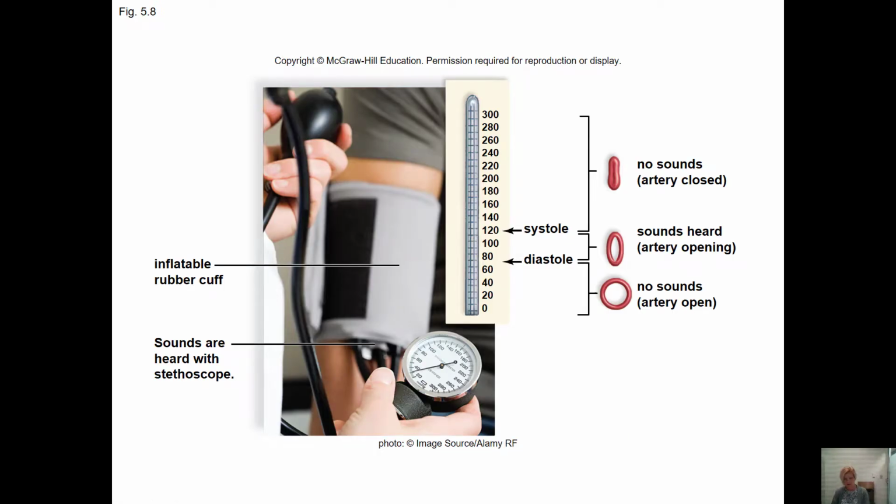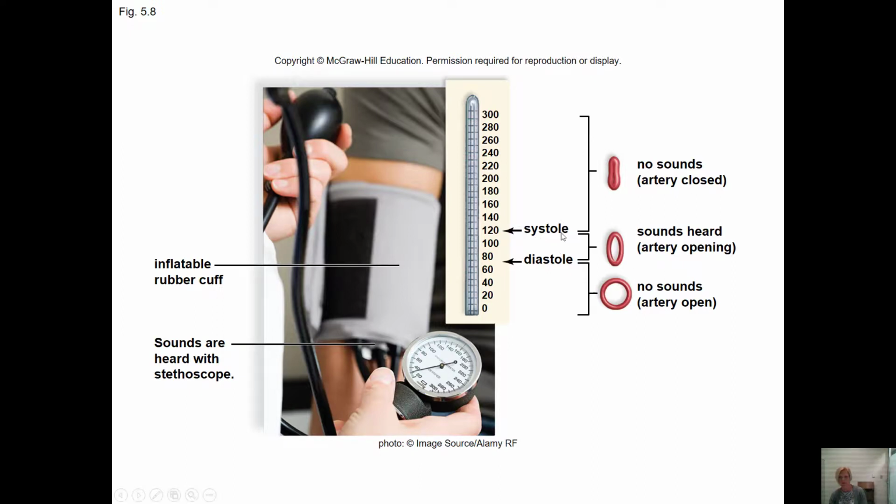Another measurement we make looking at cardiovascular health other than an EKG is looking at blood pressure. So this device here is called a sphygmomanometer, kind of a mouthful, but basically what we're doing is squeezing an artery with the cuff, and then as the heart contracts and beats, we're going to hear a little tapping sound, and the first moment we hear the clear tapping sound, that's when the heart is contracting.